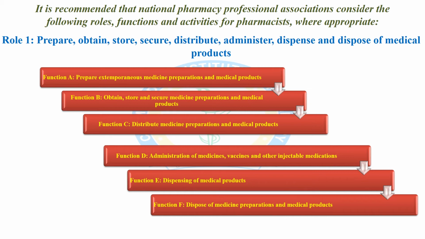In this role there are various kinds of functions: prepare extemporaneous medicine preparations and medical products; obtain, store and secure medicine preparations and medical products; then distribute medicine preparations and medical products. Function D is administration of medicines, vaccines and other injectable medications. Then dispensing of medical products, and disposal of medicine preparations and medical products. So all these functions come under role number 1.